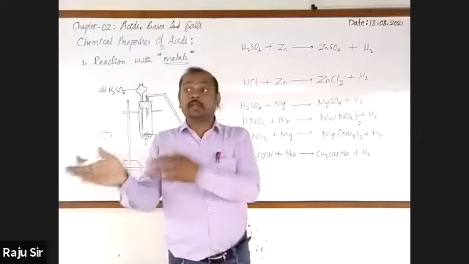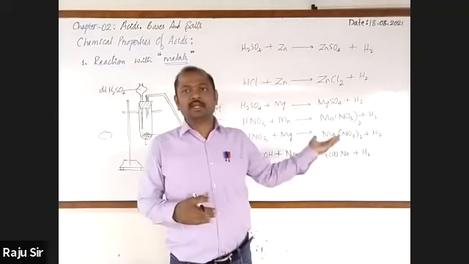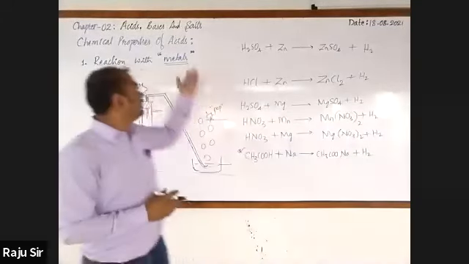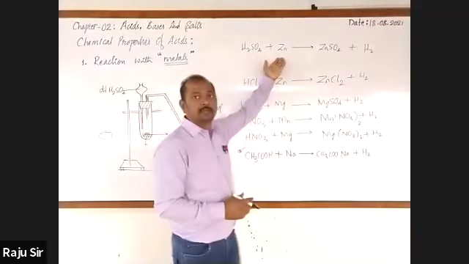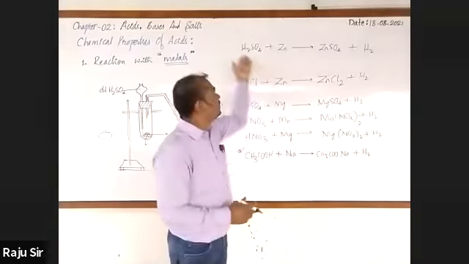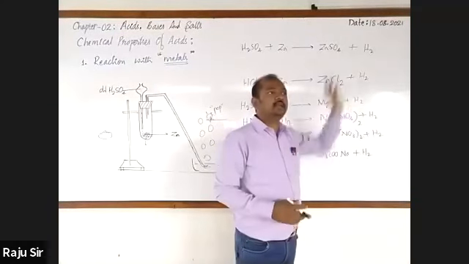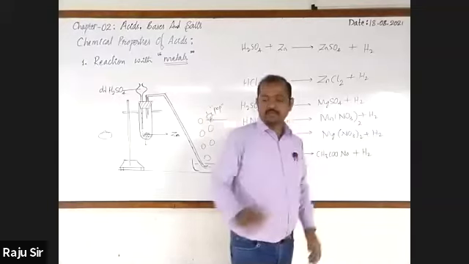What happens when metal reacts with acid? Same. Acid reacts with metal to produce salt and hydrogen gas. Metal reacts with acid to produce salt and hydrogen gas.